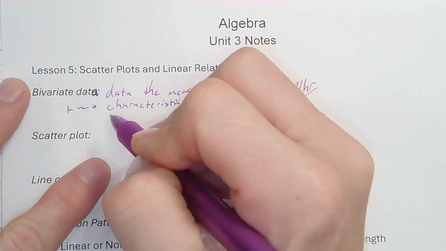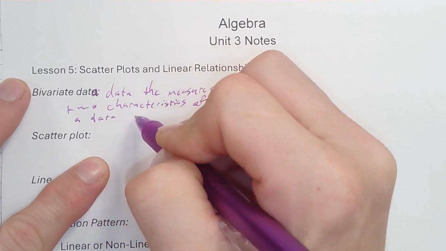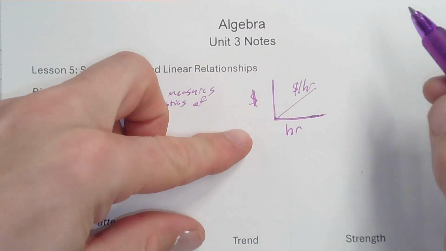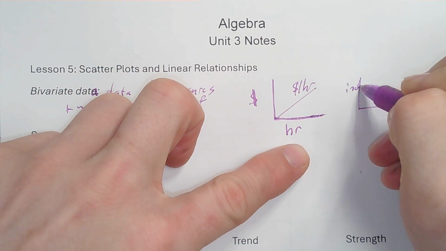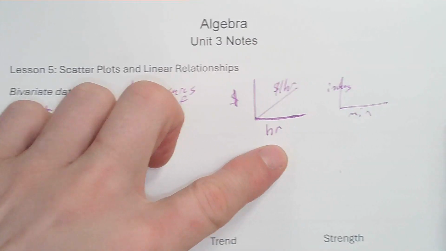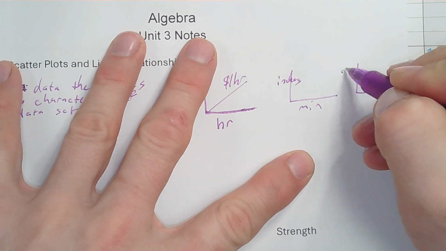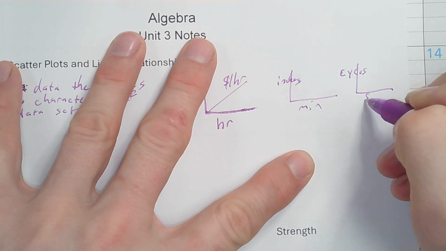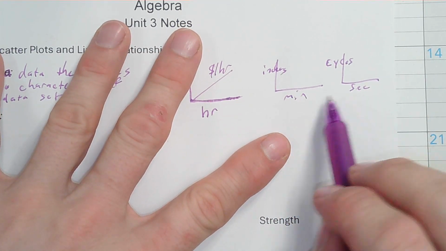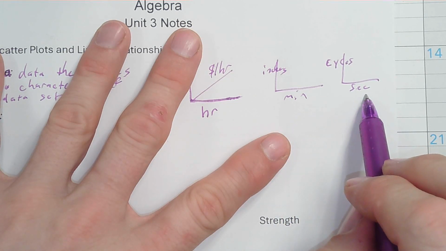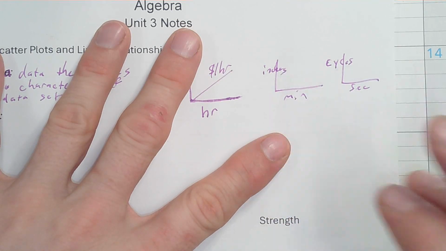We could have dollars per hour, we could have inches per minute, we could have cycles per second. Often, a lot of the time, this is in a time unit, and this is in whatever you're trying to measure.